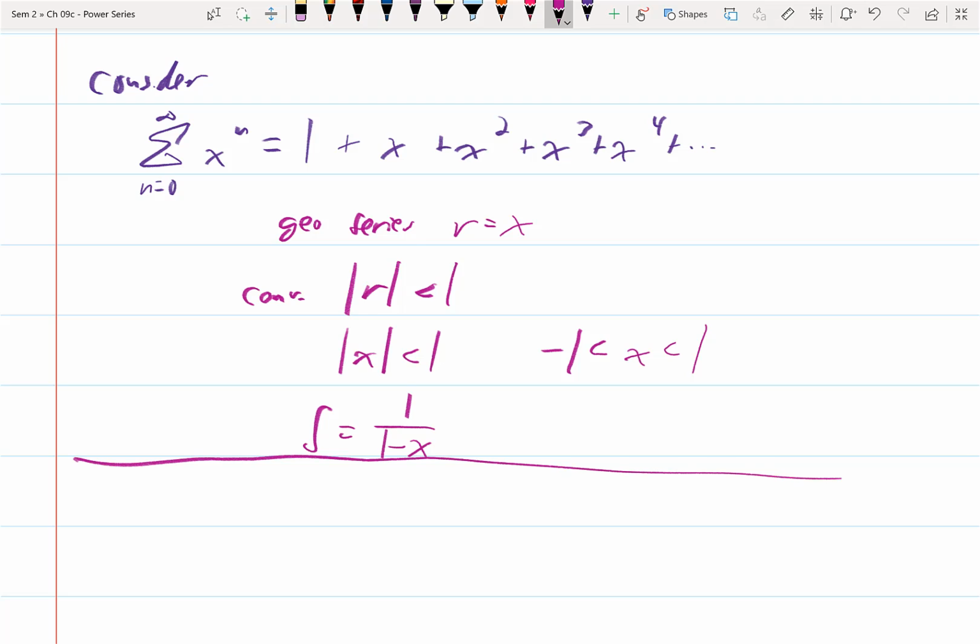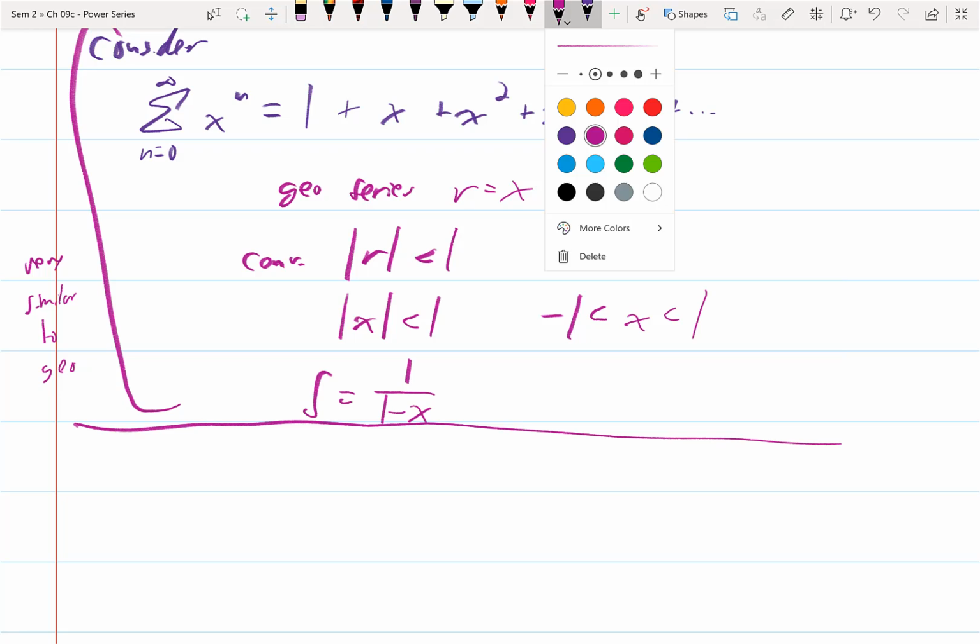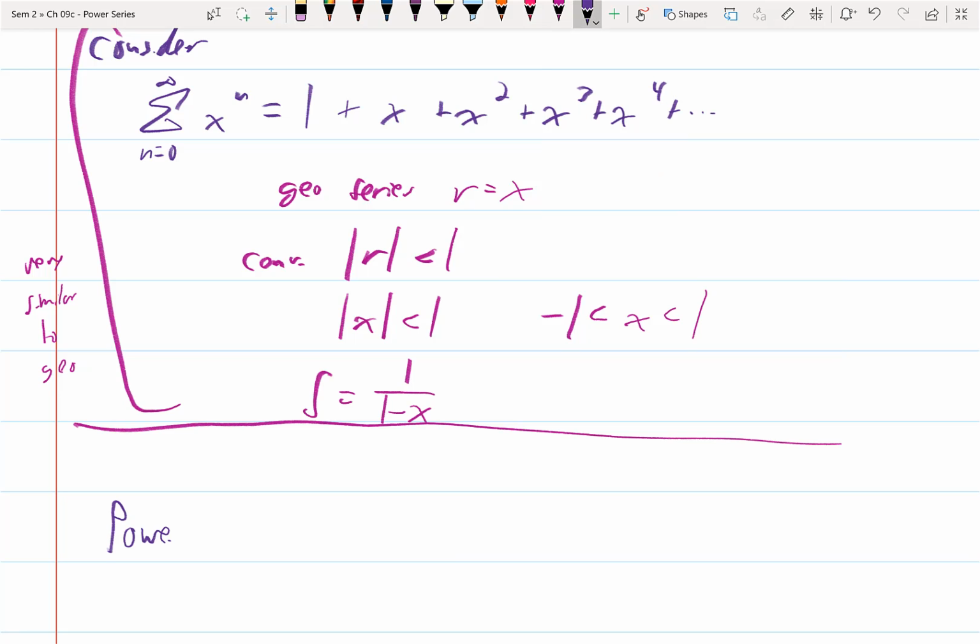It's going to be very similar to geometric series. And this particular type of series is called a power series. It's a power series where p of x is equal to the sum from n equals 0 to infinity of a sub n times x minus c to the nth power.